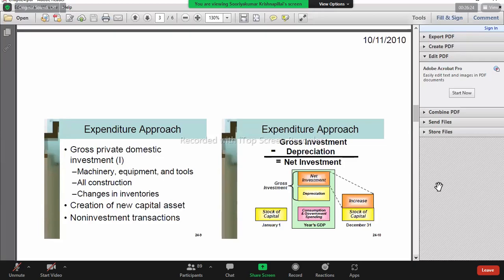They need machinery, equipment and tools, then they spend. And all construction, building for business purposes, that is also investment. So a firm needs a factory, a building to produce products, so all construction, and also changes in inventories.